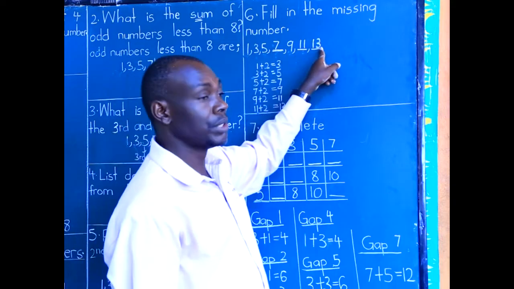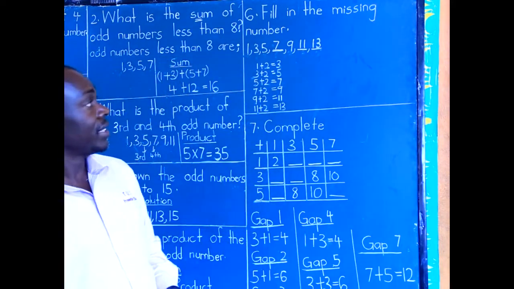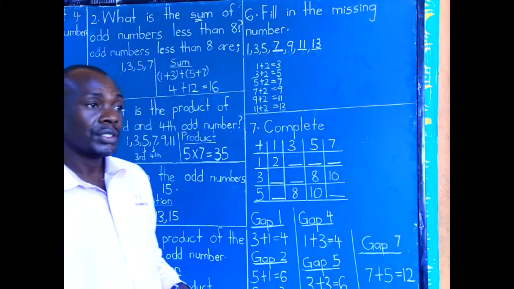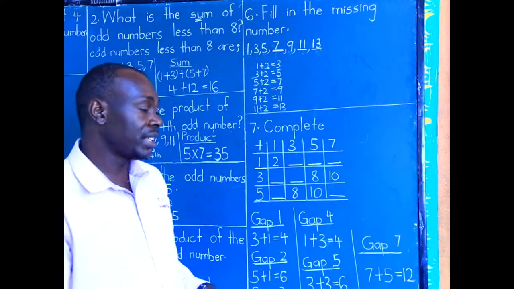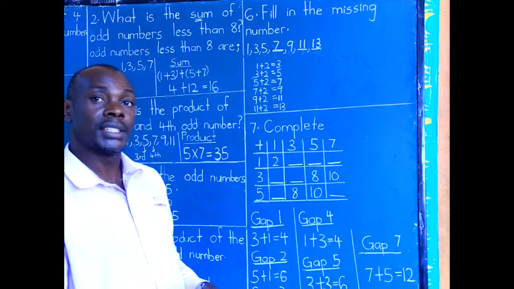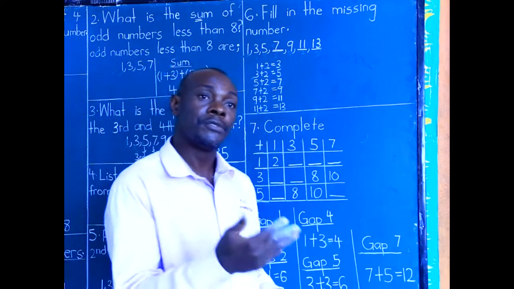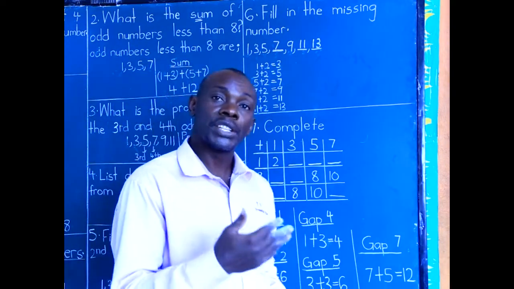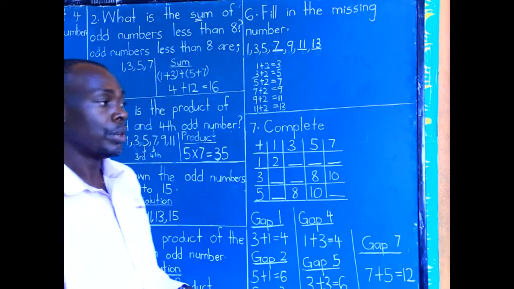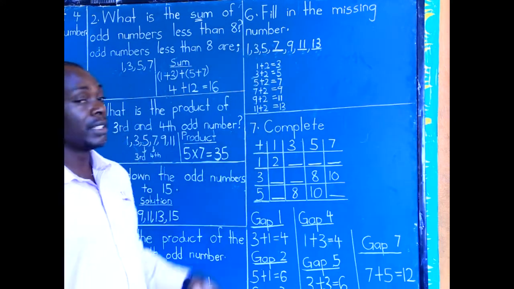11 plus 2, you get 13. So you realize that the sequence is like a rhythm in a song. So you go like you're singing. That's what I'm saying. 1 plus 2, you get 3. 3 plus 2, you get 5. 5 plus 2, so like that flow of the information in terms of a rhythm.